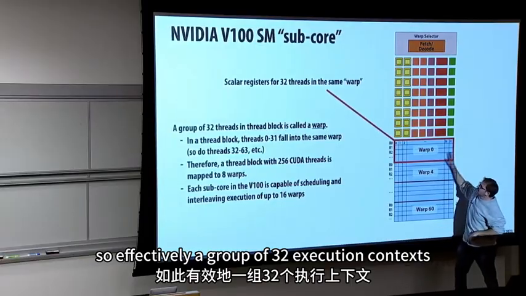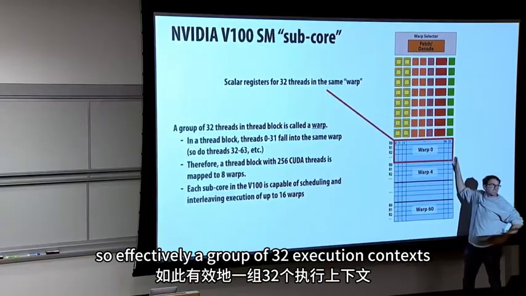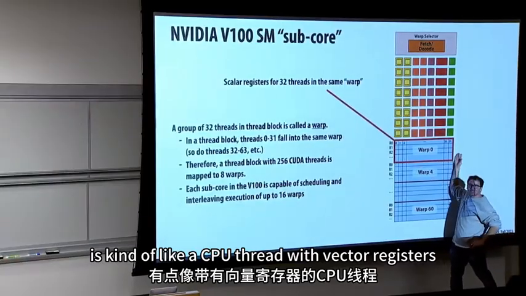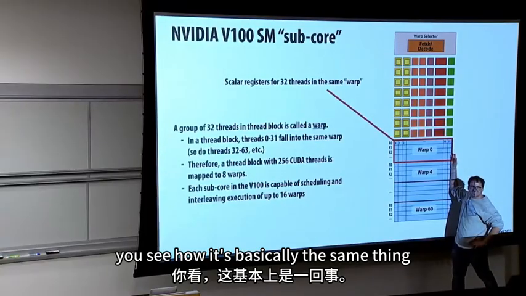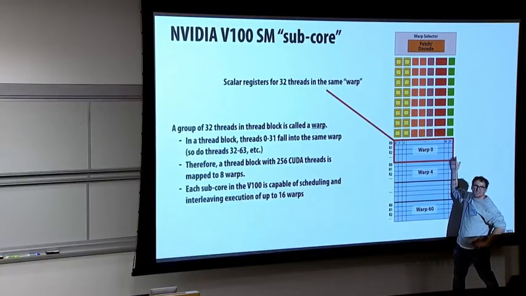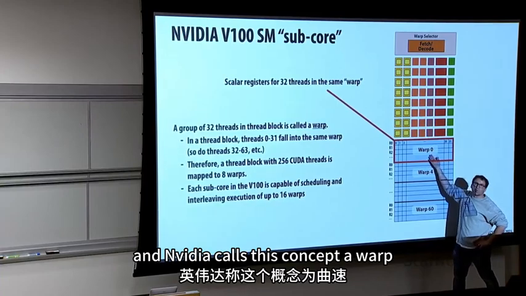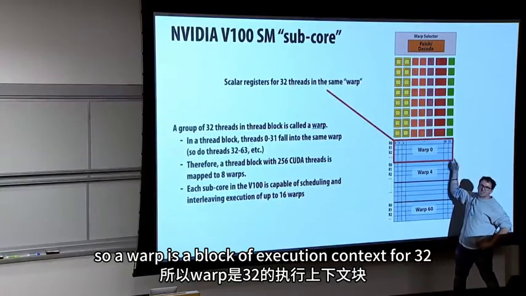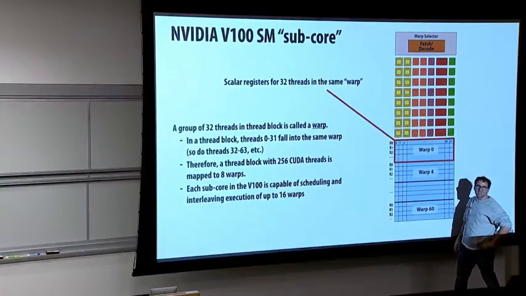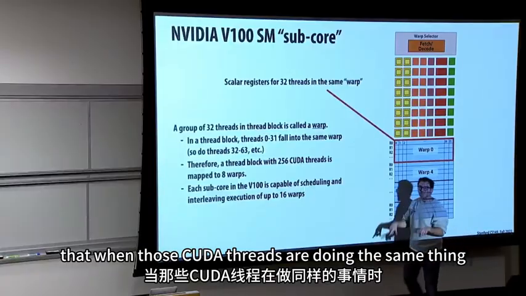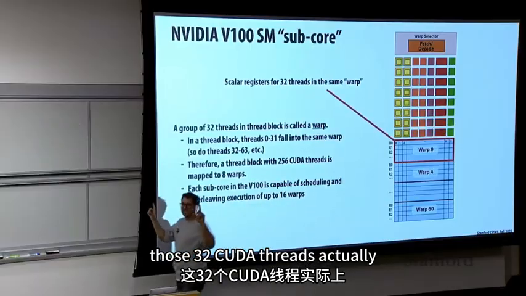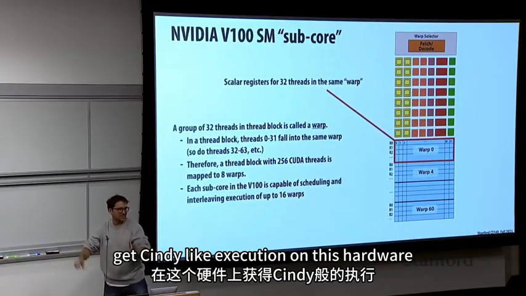So effectively, a group of 32 execution contexts is kind of like a CPU thread with vector registers. You see how it's basically the same thing. And NVIDIA calls this concept a warp. So a warp is a block of execution context for 32 CUDA threads that when those CUDA threads are doing the same thing, those 32 CUDA threads actually get SIMD-like execution on this hardware.